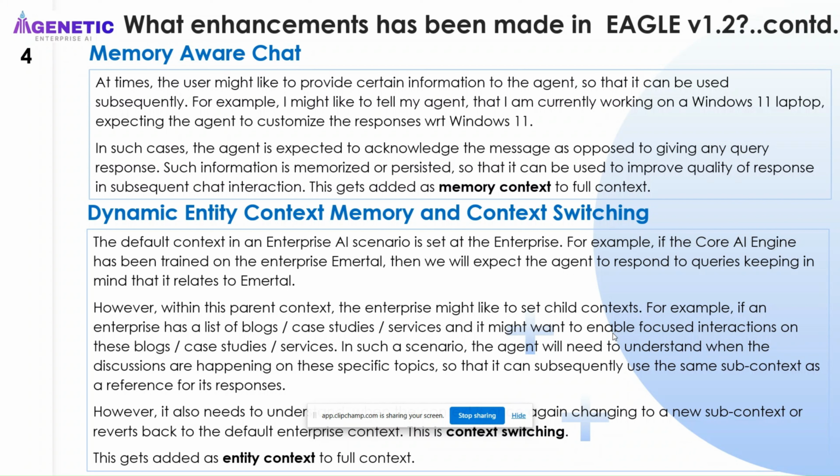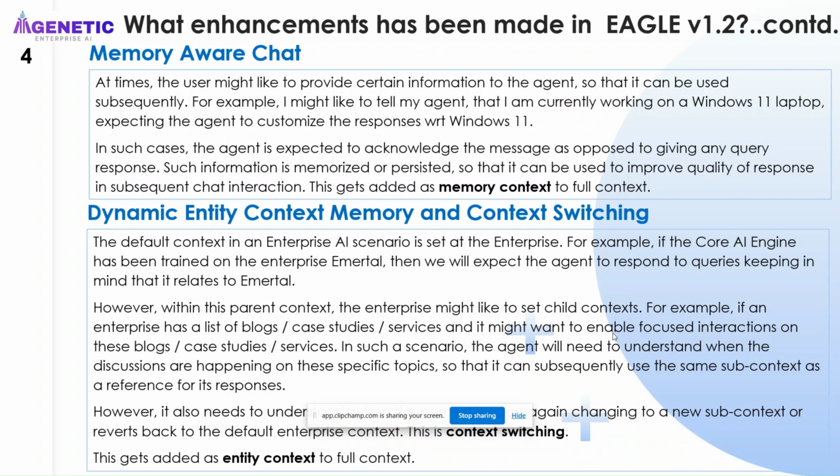In such cases, the agent is expected to acknowledge the message, and as opposed to giving any query response, it is supposed to save that information, persist that information, and use it for improving the quality and context of subsequent messages. So, this is what is called memory context. And we'll see how all of these contexts come together.